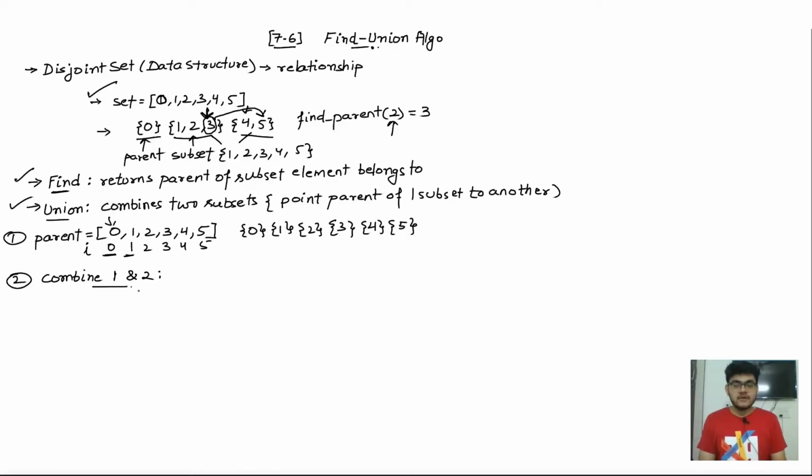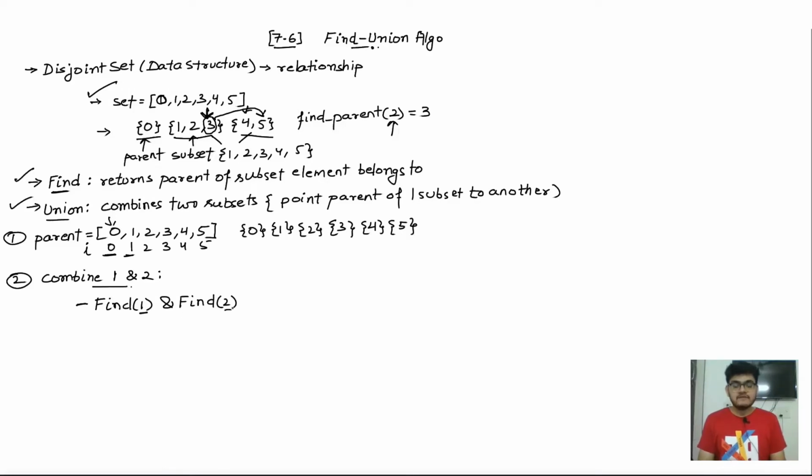So if we want to combine 2 elements, it can be 1 or 2 elements, and it can be subsets also. Whenever we want to combine 2 elements, the first operation that we are going to perform is find 1 and find 2, right? Find 1 and find 2 are basically going to find the parents of 1 and 2.